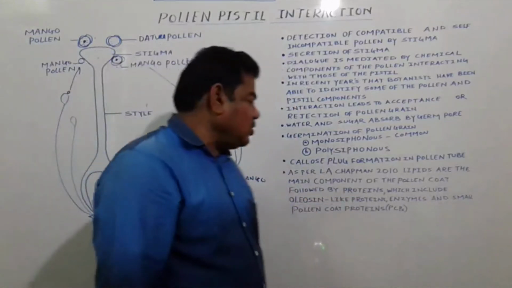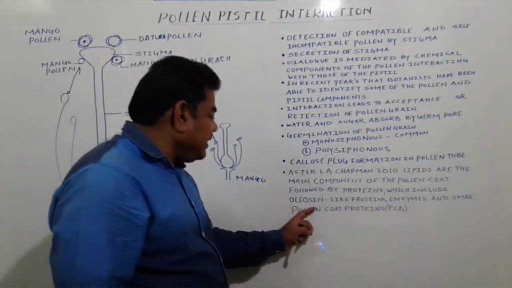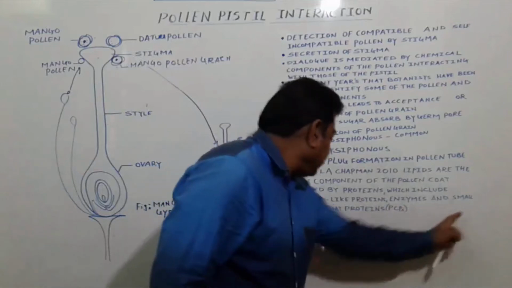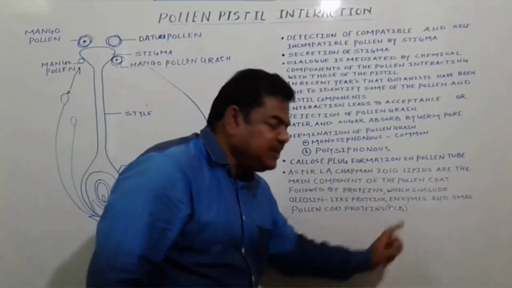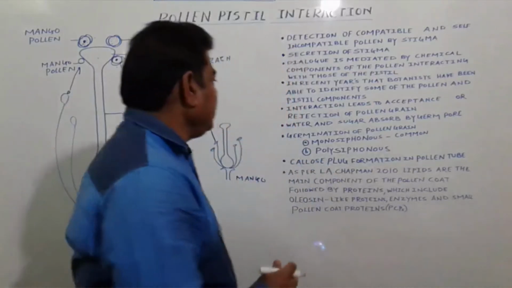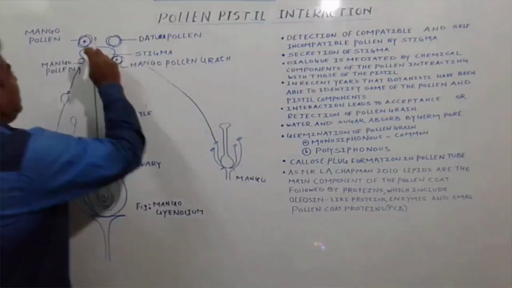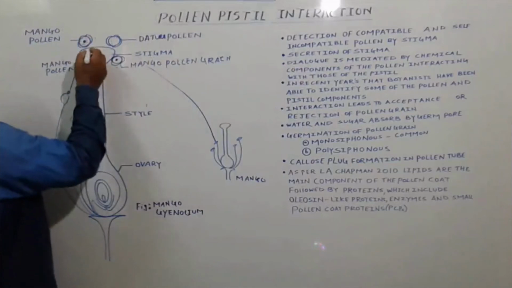There are proteins also, which include oleosin-like proteins, and there are some enzymes, and small pollen coat proteins. We call them PCPs. These all are responsible for the dialogue which gets created between this mango pollen grain and this stigma.